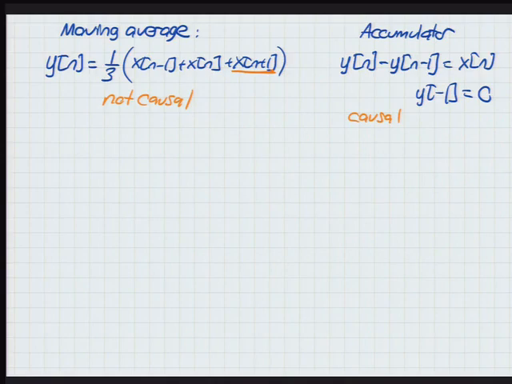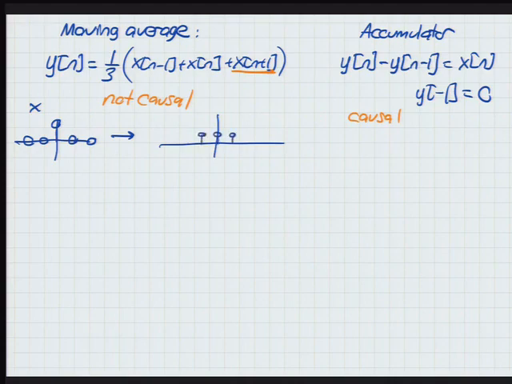What is the impulse response of a moving average? What comes out if the input is an impulse? In this particular example, there are 3 data points, so 1 over 3, otherwise it will all be 0.